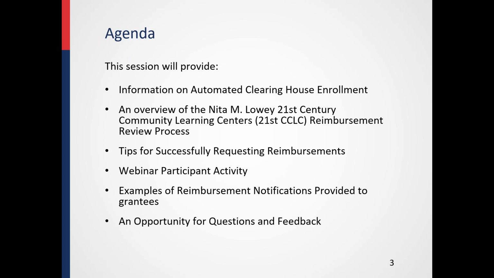We'll have a little webinar participant activity, a brief quiz that will hopefully be easy. And we'll give you some examples of reimbursement notifications that are provided to grantees in the event that a reimbursement request needs to be returned to a grantee in order to get a revision. And then we'll have questions and feedback at the end.